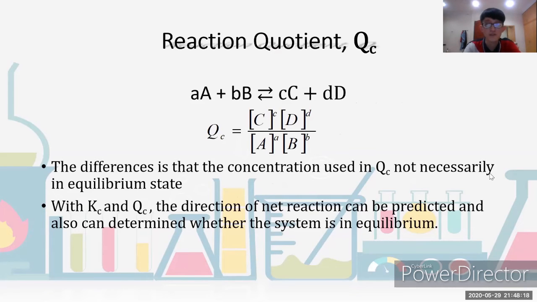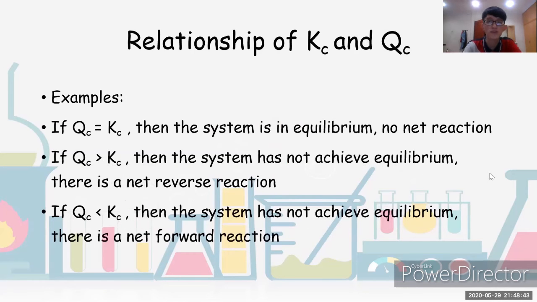With the values of Kc and Qc, the direction of net reaction can be predicted, and we can also determine whether the system is in equilibrium or not. How do we determine the direction of the net reaction and whether the system is in equilibrium or not? It's through the relationship of Kc and Qc.